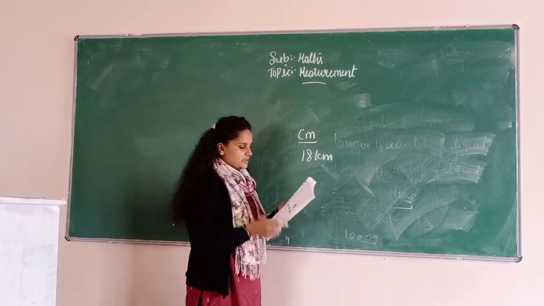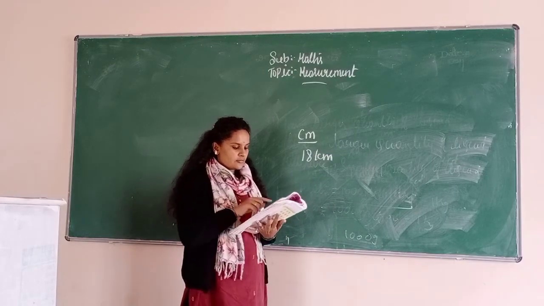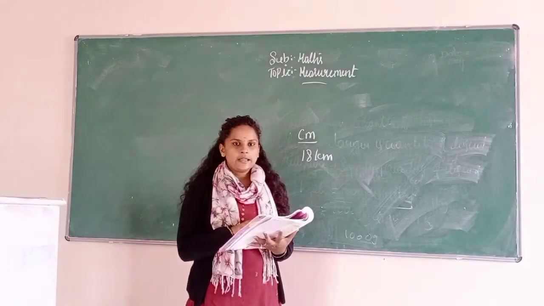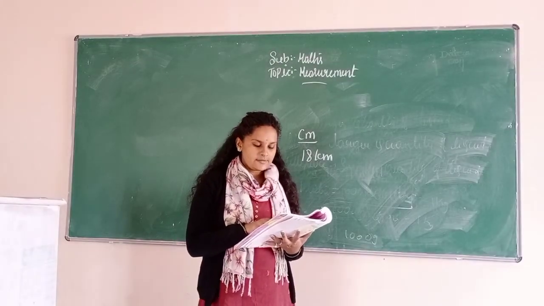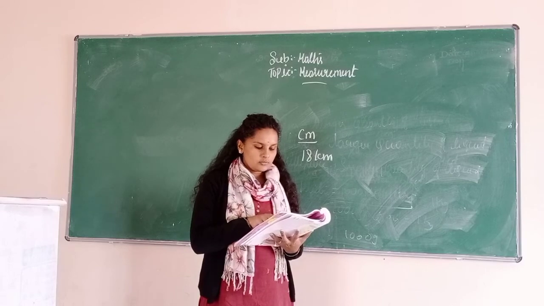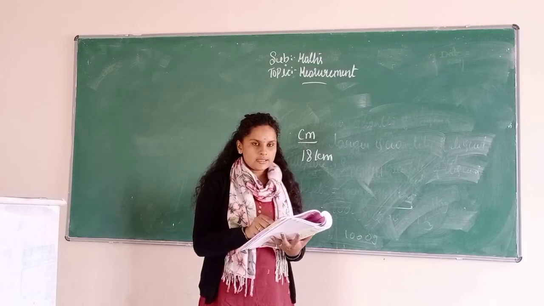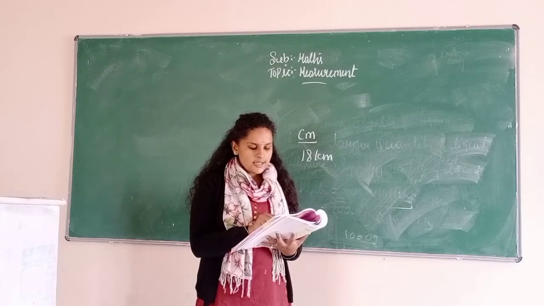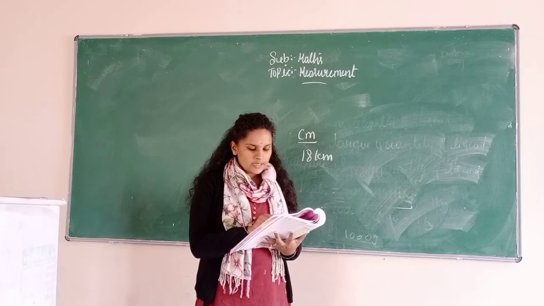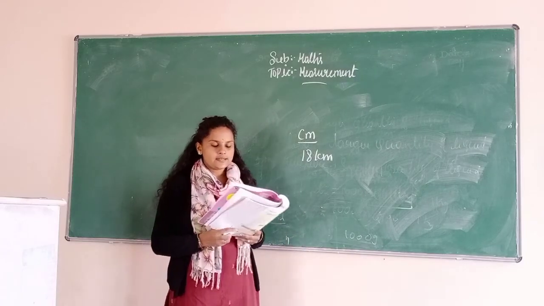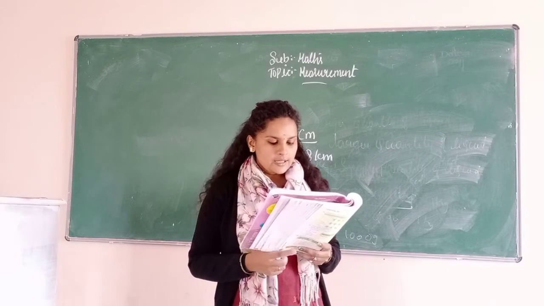How to count this? 8 plus 9 will be 17 kilometers. Then 2 plus 2 is 4, 6 plus 4 is 10, 10 plus 8 is 18. We have to darken 2 to 8, and then the 2 kilometers, and then color the 6 kilometers. So it will cover the distance of 18 kilometers.